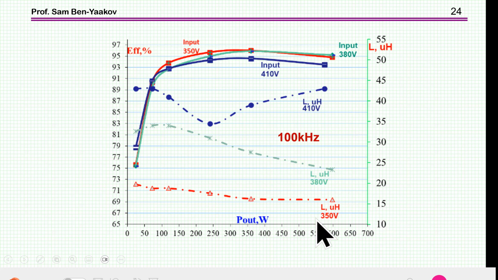For an input voltage of 350 volts, this will maintain a frequency of about 100 kilohertz, the nominal value. However, as the voltage increases to 380 and 410, the frequency will change in the original design, while in this experiment, we returned to 100 kilohertz by changing the value of the series resonant inductor with the variable inductor.